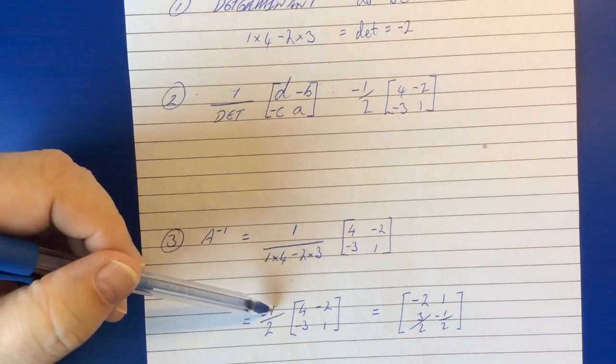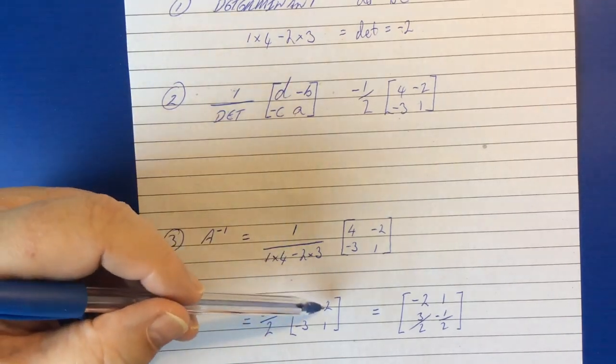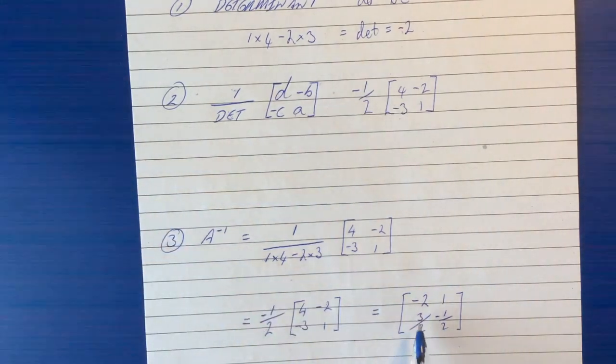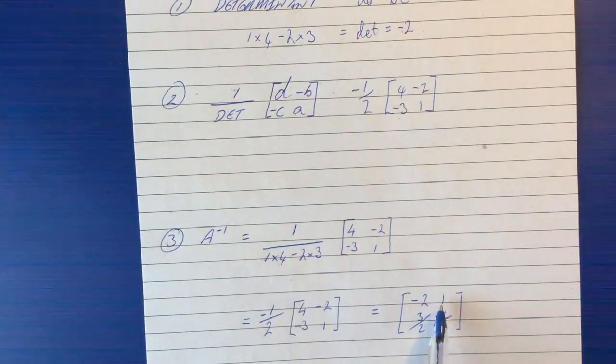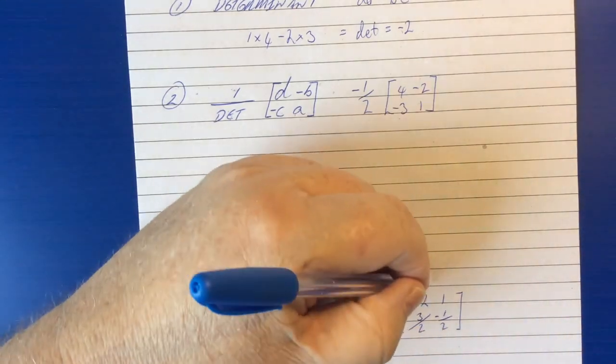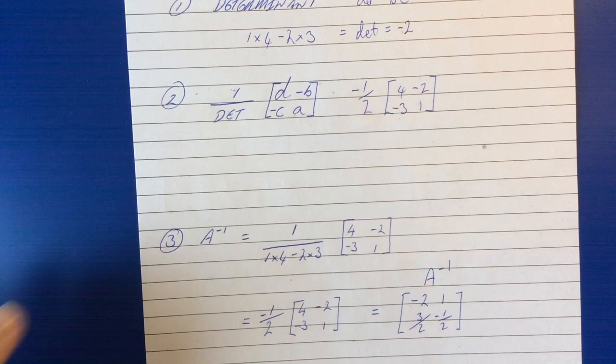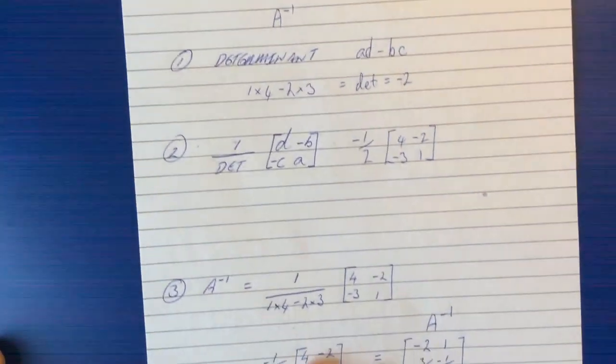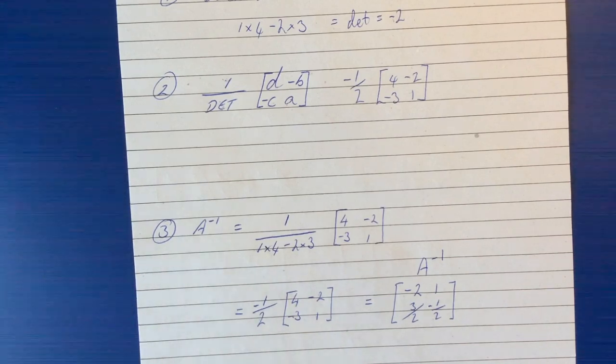So down here we've got -1/2 times 4, -2, -3, 1. And what we get is -2, 1, 3 over 2, and -1/2. And that is the inverse of that matrix there. And that's the working for it. So I hope you found that useful and helpful.